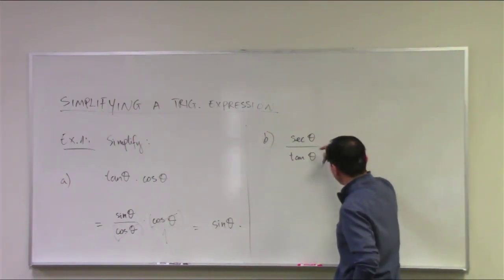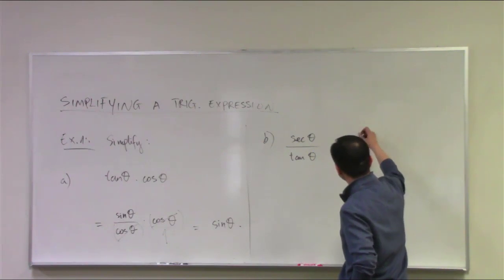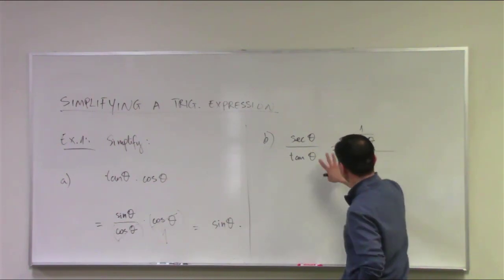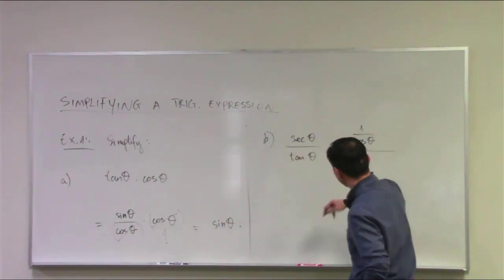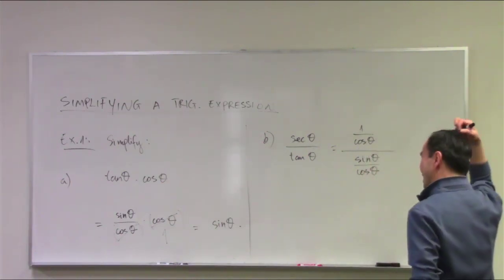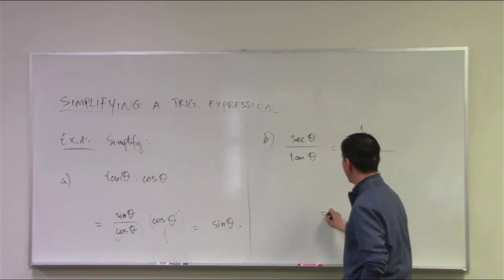You see, secant theta is known as 1 over cosine theta. And then the denominator, tangent theta, is known to be sine theta over cosine theta. So in that way, I can rewrite this.